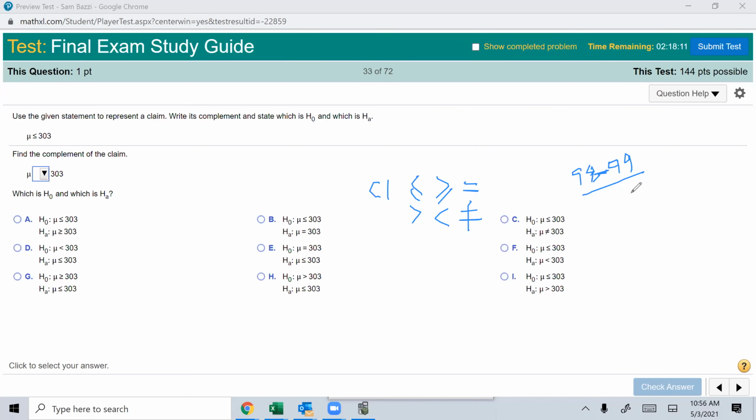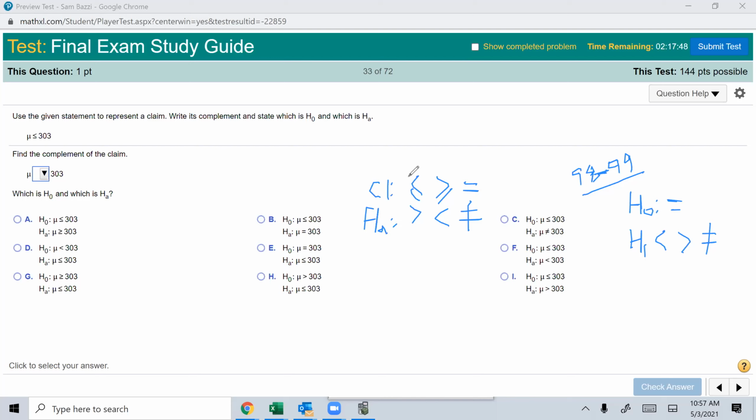It's always going to be an equal sign for H0, and for Ha or H1 it will be one of the ones that I listed there. So don't think that I'm doing anything different here. The results will be very much the same.